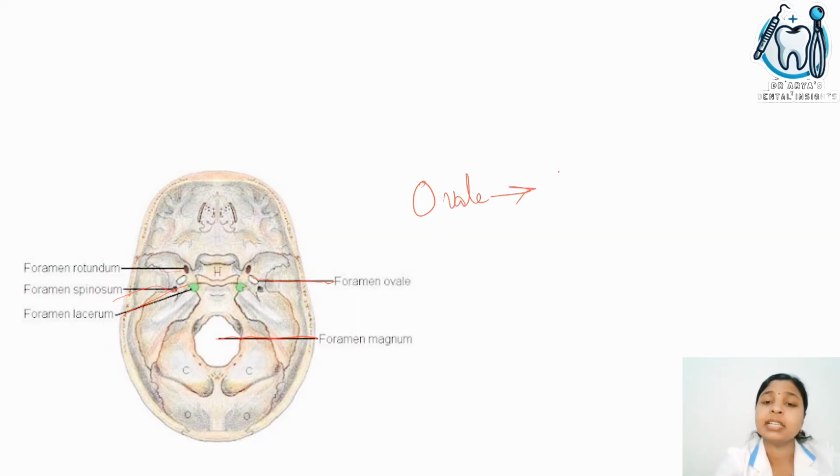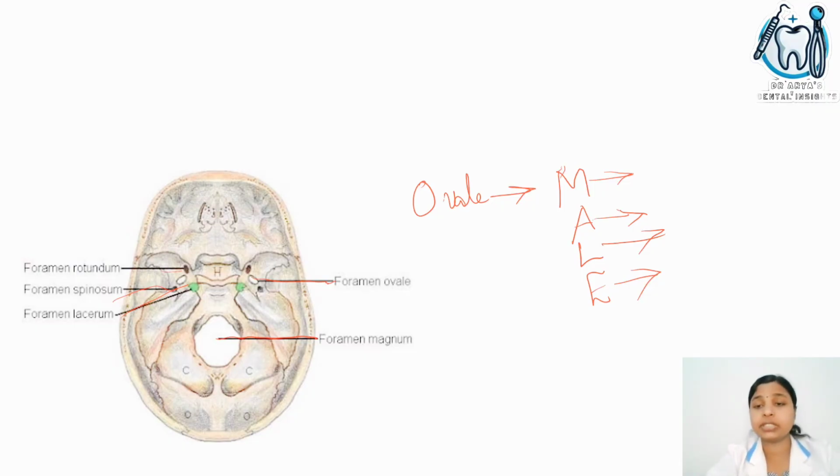For foramen ovale, there is a mnemonic: MALE. M is for the mandibular nerve, A for accessory meningeal artery, L for lesser petrosal nerve, and E for emissary vein connecting the cavernous sinus with the pterygoid plexus of veins.